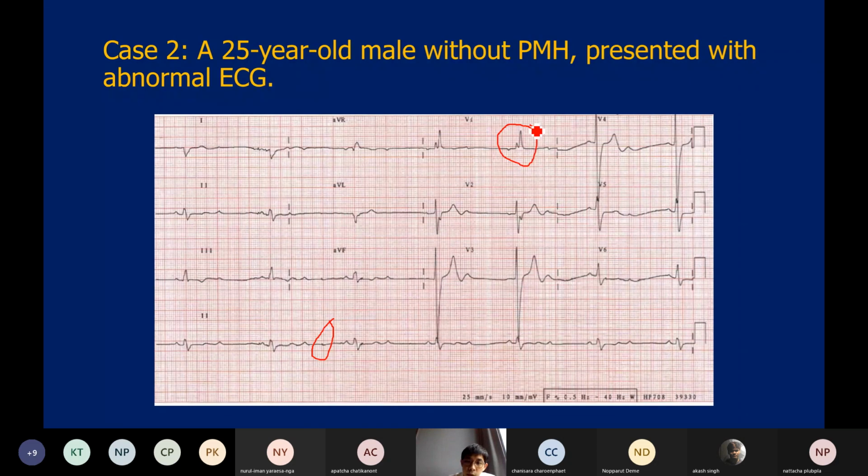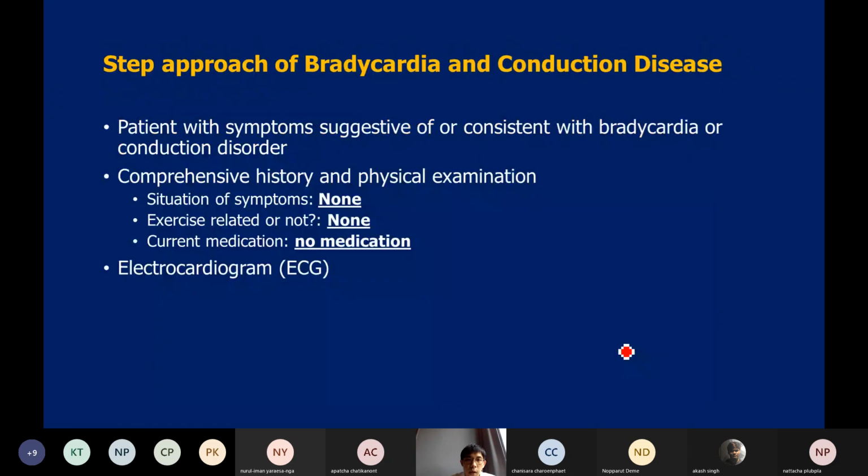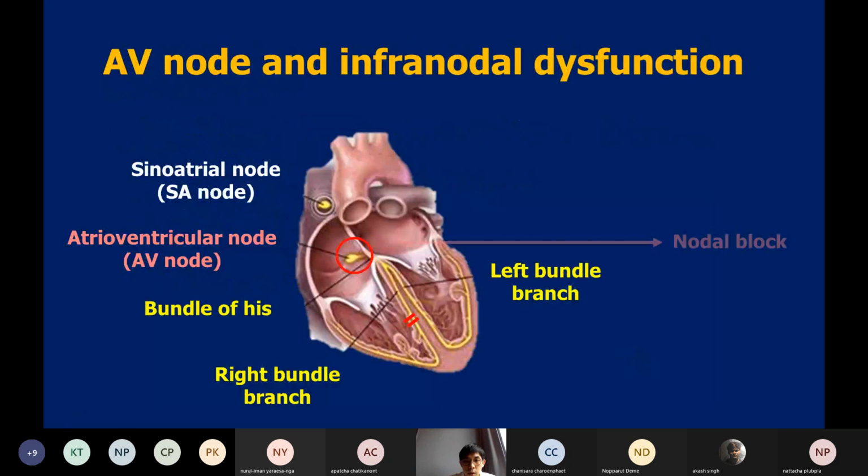There's some kind of a fractionated wave in V1, and we see that there is a deep S wave here, and we are not sure, maybe this patient also has right bundle branch block. Maybe he has both a block in the AV node and right bundle branch block, or he has a block in the His bundle system or not. How can we know that for sure?